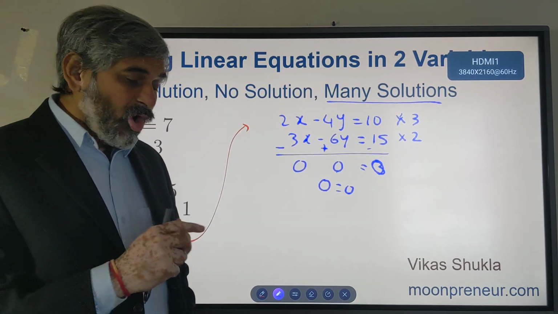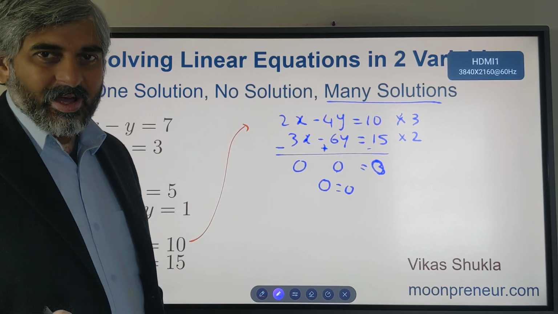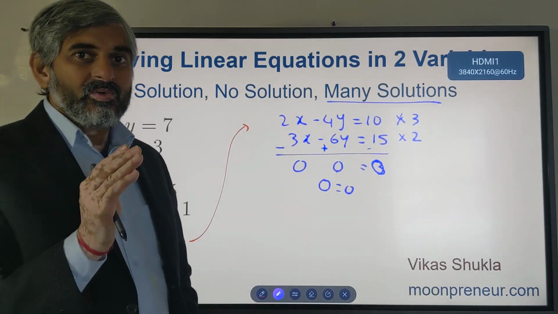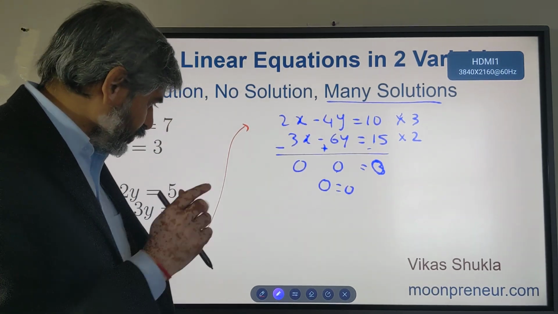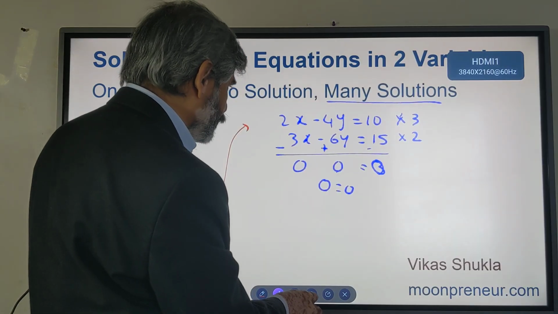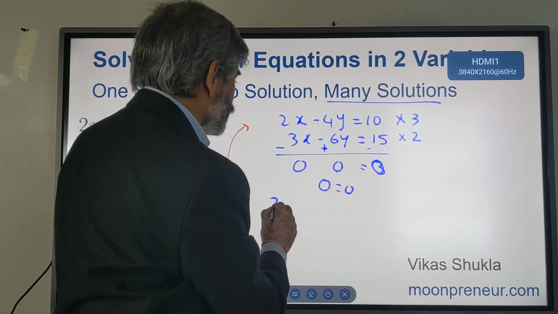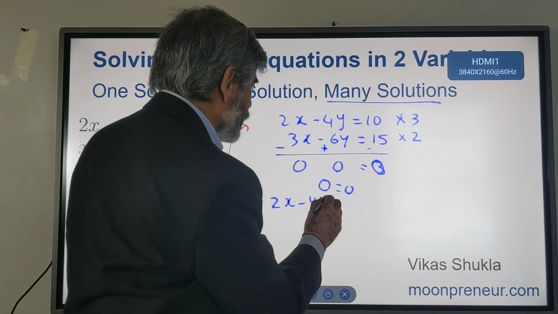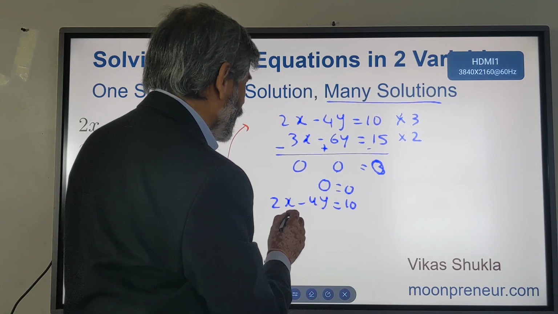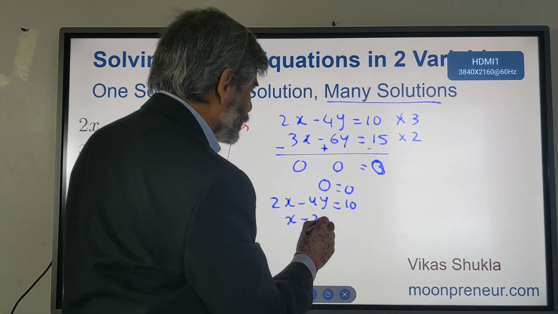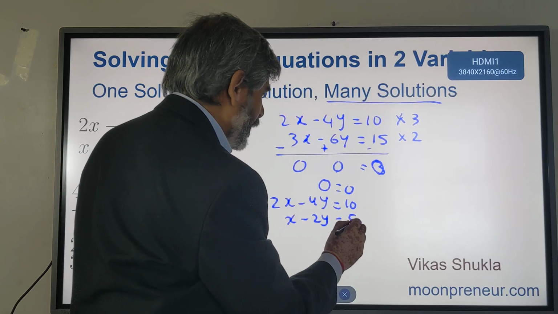But not any random value of x and y will solve. They still need to follow some rules. And what are those rules? Let's take one of these equations, 2x minus 4y equal to 10. We can simplify it a little bit and write x minus 2y equal to 5.